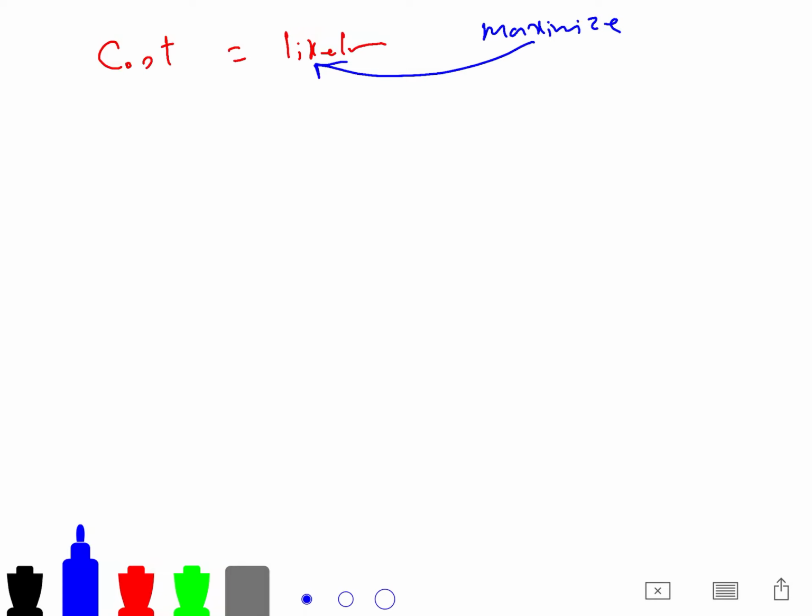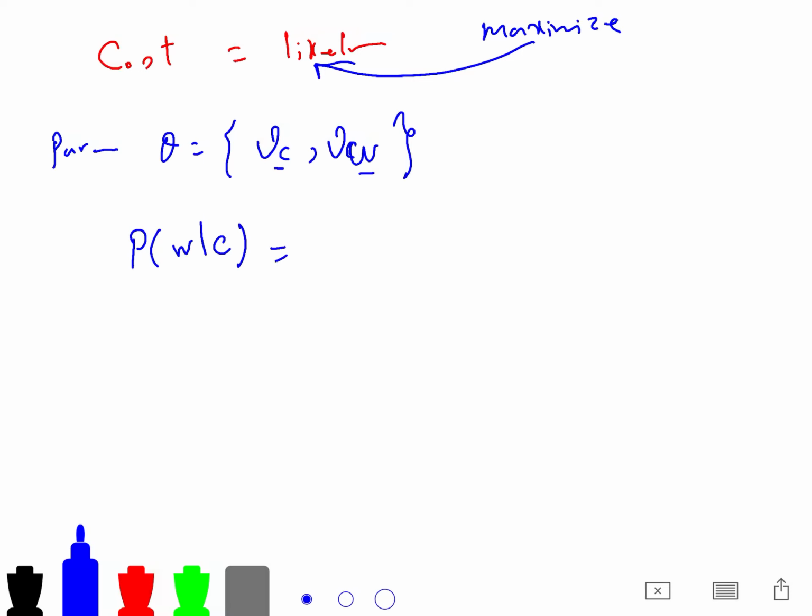And your parameters theta, let's call it, are just VC and VW, so context and word. And the probability of word given context is just e to the minus VW transpose VC divided by the summation over the big corpus, which is a big problem.